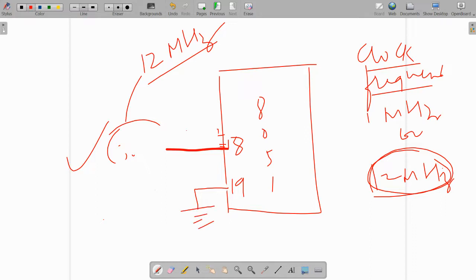So your clock frequency will be directly given at pin number 18, and this clock frequency is 12 megahertz.